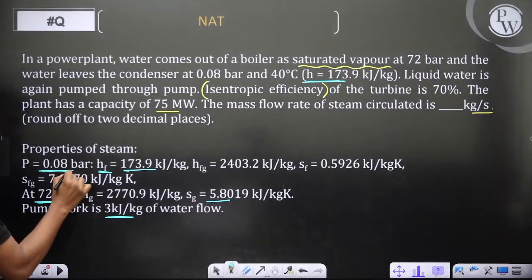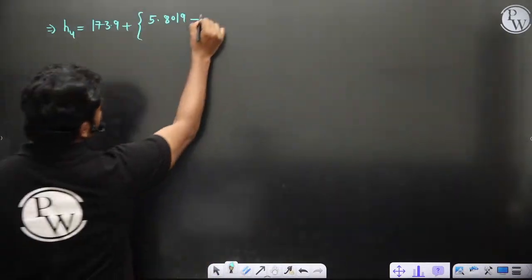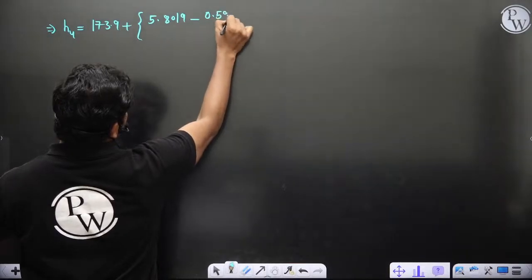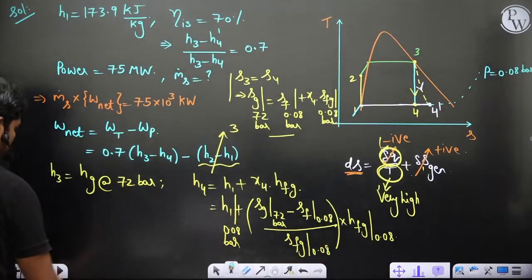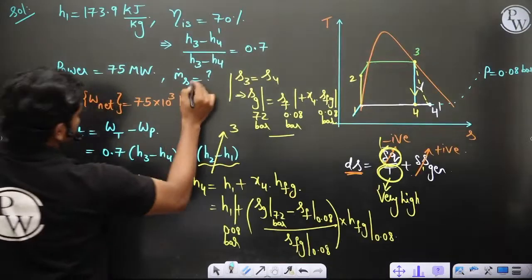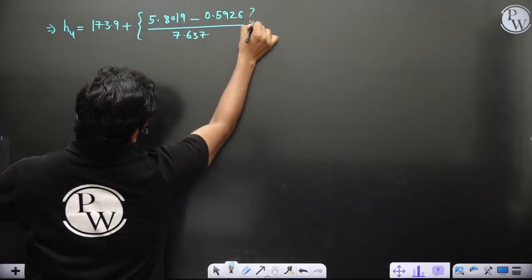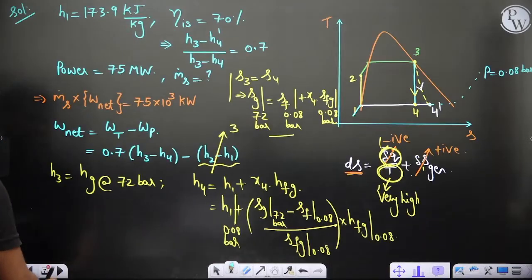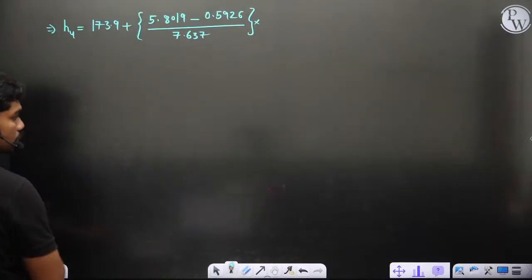At 0.08, what is SF? This value 0.5926, divided by SFG at 0.08, which is 7.637, into HFG. So what is HFG at 0.08? HFG is 2403.2.